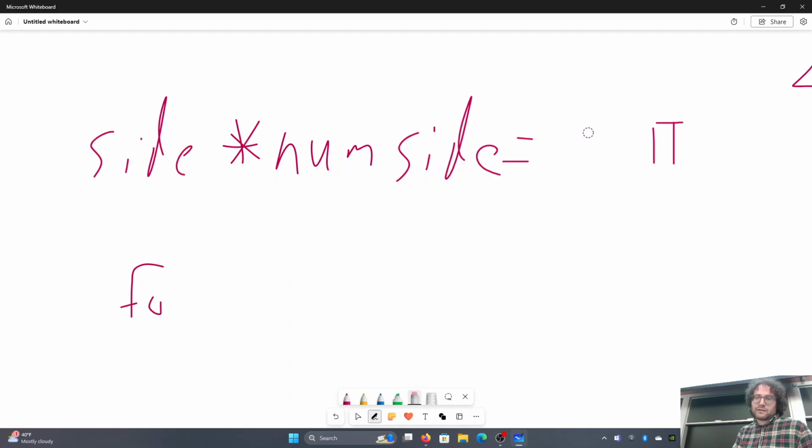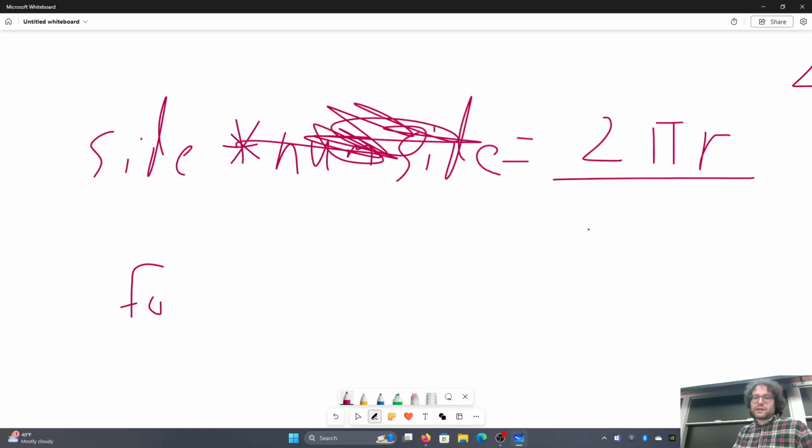Let's abstract it out again. 2 pi r. So how long should each side be? Well, we just do some basic math. Take this, divide over here by num sides.